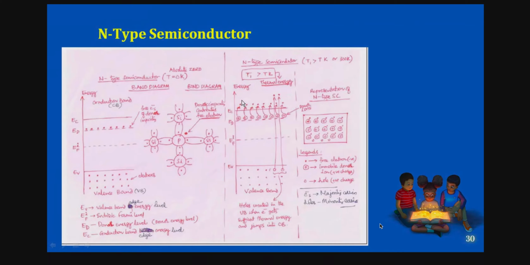Keep it in mind, the current in an n-type semiconductor is due to the free electrons from the donor energy level, not from the valence band. These are the electrons responsible for the conduction current in an n-type semiconductor.